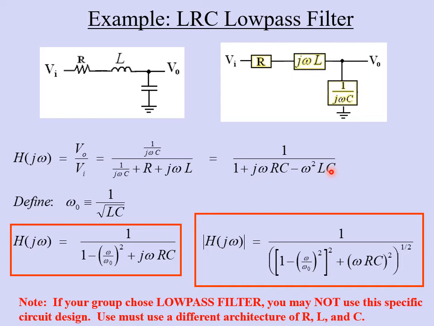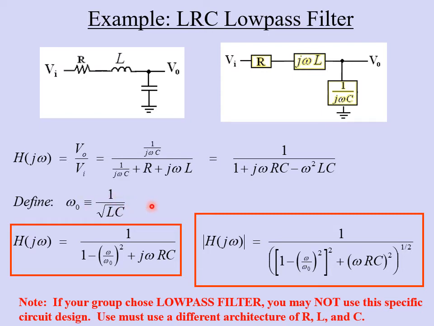Then we have an omega squared, and we have LC. The last thing we can do here, which will make some of the analysis a little bit easier, is to remember that for any circuit with inductance and capacitance in it, the natural or resonant frequency of the circuit, omega naught, is defined as 1 over square root of LC. Okay, so again, this is just basic electronic theory.